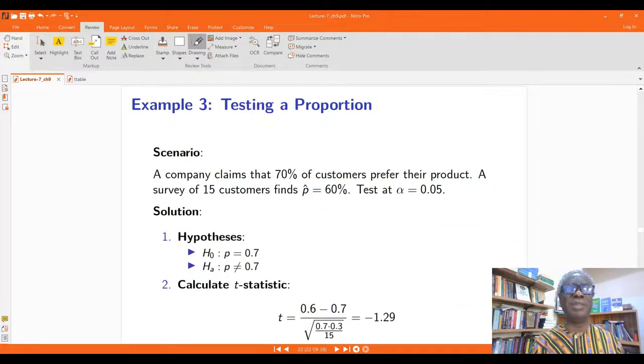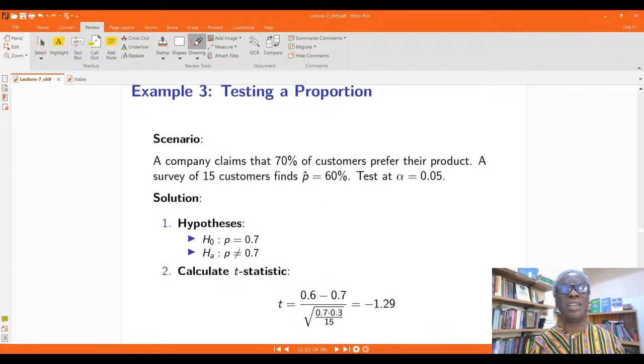Let's take an example in this case. We have a company making a claim that 70% of customers prefer their product.